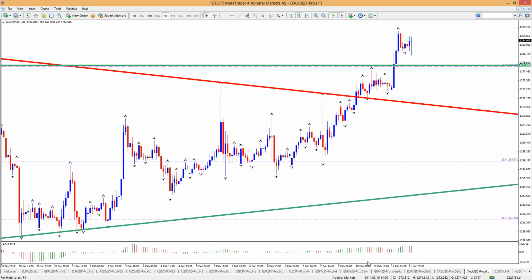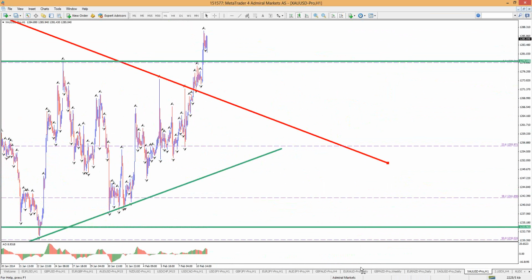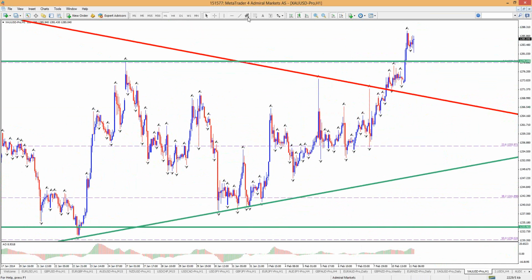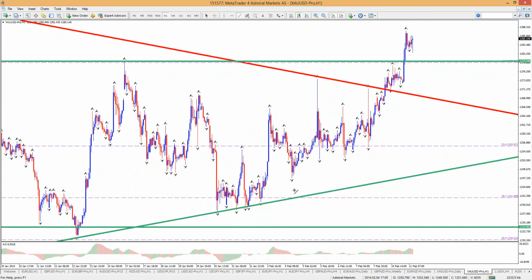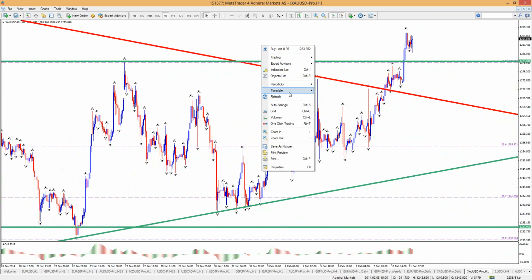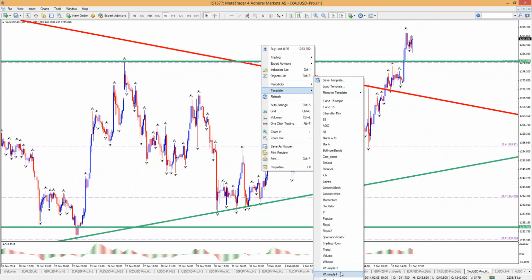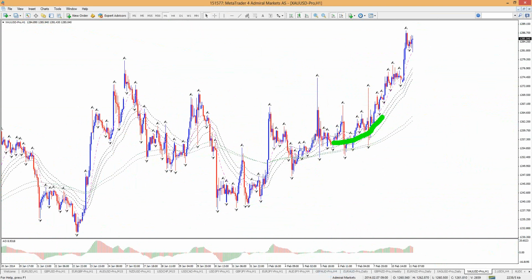So let's take a look at this hourly. Let's see. Let me put the moving averages on now. Pretty steep angle.